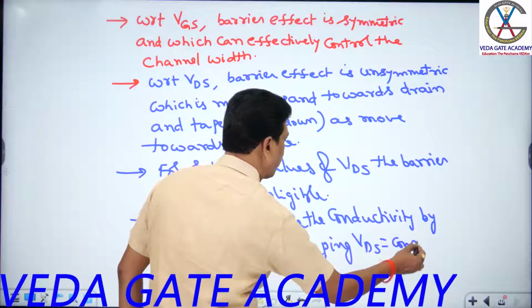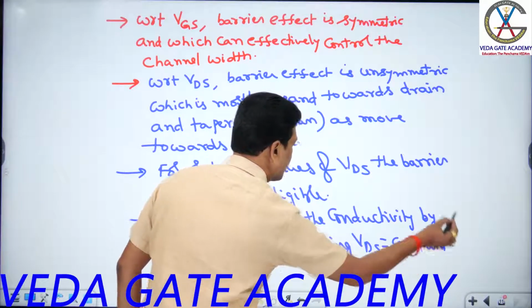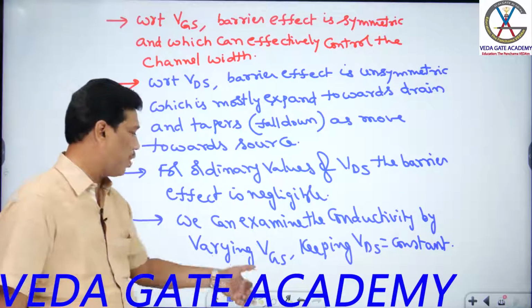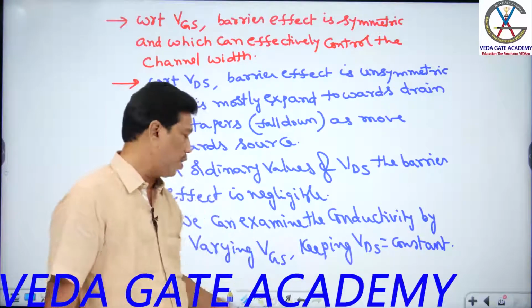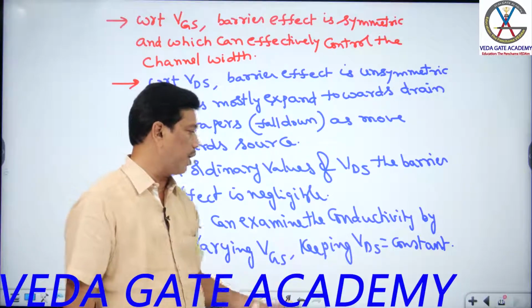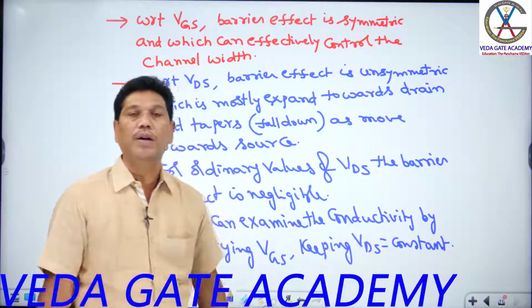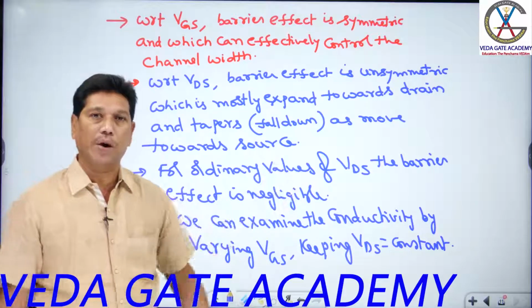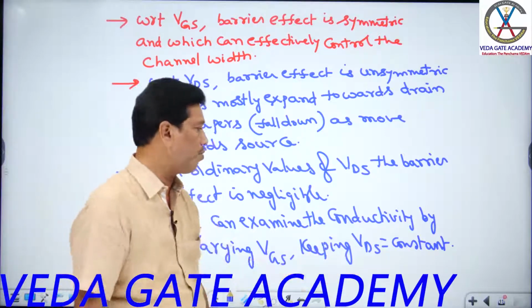So in FET and MOSFET, the working nature is considered in this case, students. Commonly you vary the gate voltage and keep the drain voltage constant. By that you can analyze the conductivity of the body. That I can examine now for FET, students.